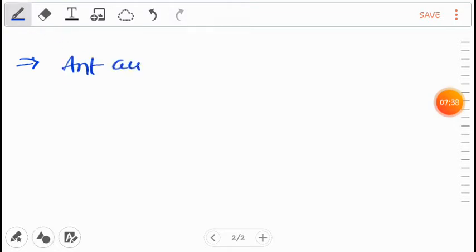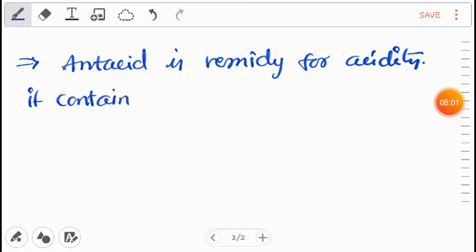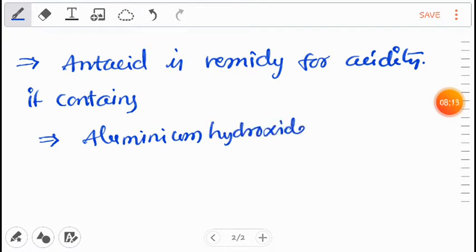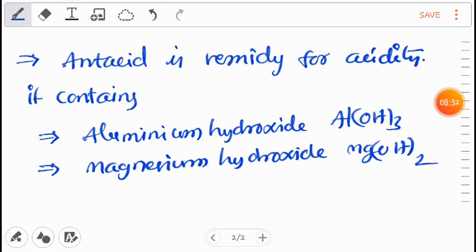Simple answer. It contains aluminum hydroxide, Al(OH)3, and magnesium hydroxide. Remember, these are the bases which neutralize acids.